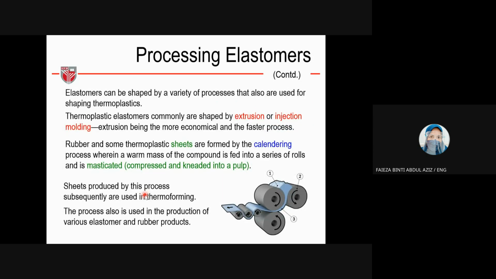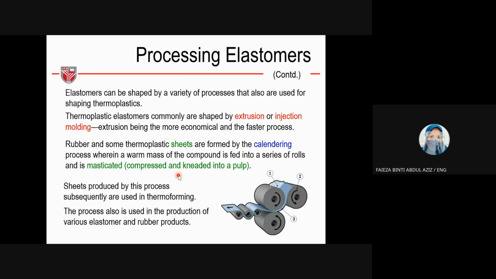Okay, elastomers can be shaped by a variety of processes that are also used for shaping thermoplastics. Thermoplastic elastomers commonly are shaped by extrusion or injection molding, extrusion being the more economical and faster process.